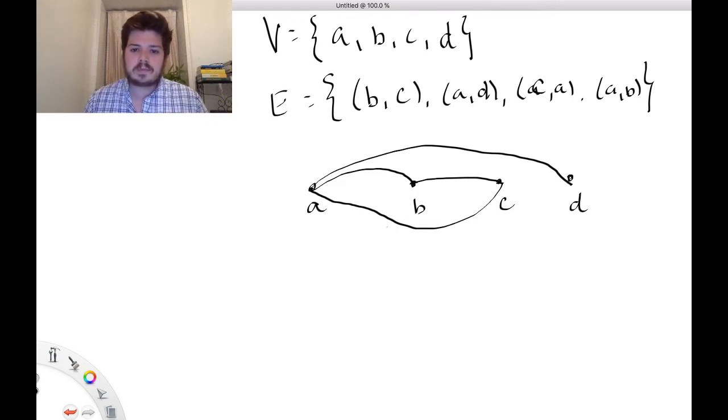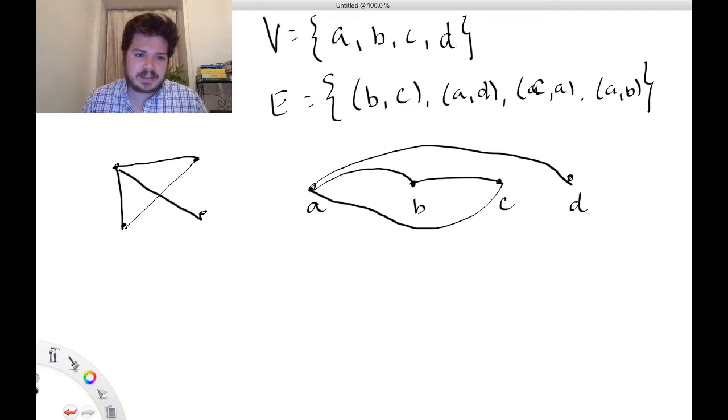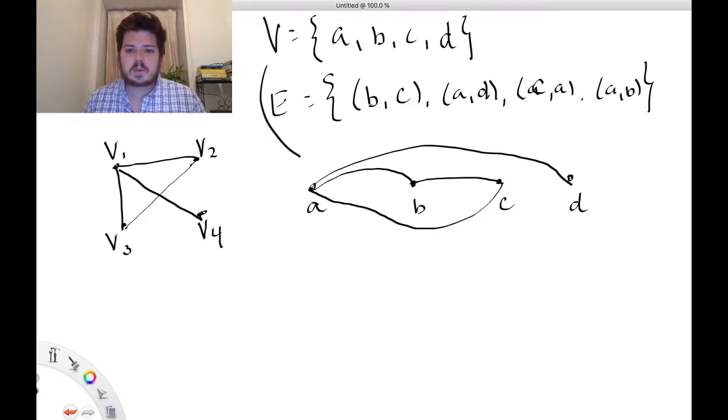What's interesting about these two graphs that we just did is that, in fact, they are the same graph. Not quite the same, obviously. They look different, but there's a way in which they are the same. So this is this graph. Let's rearrange some of the vertices and see what happens. First, I'm going to move D over to the side here, and I'm going to move C over to the side.